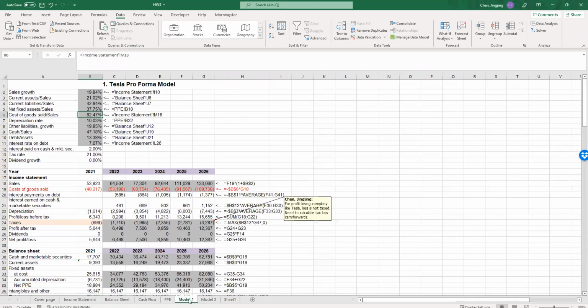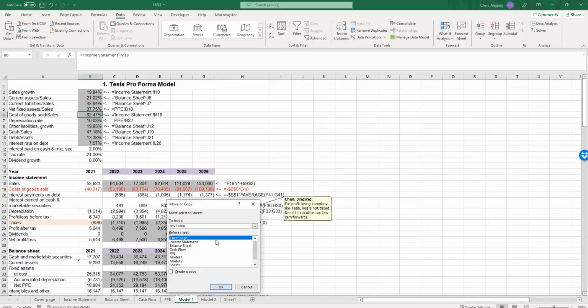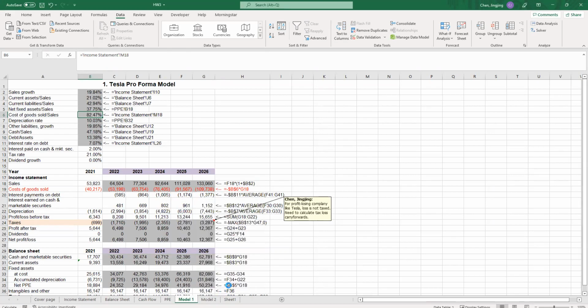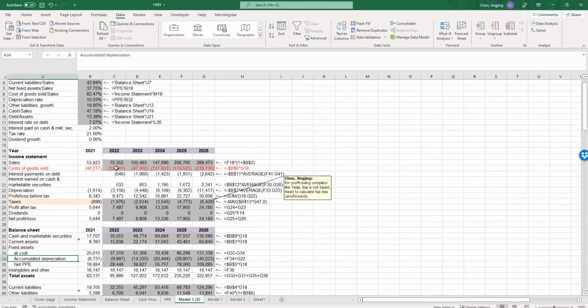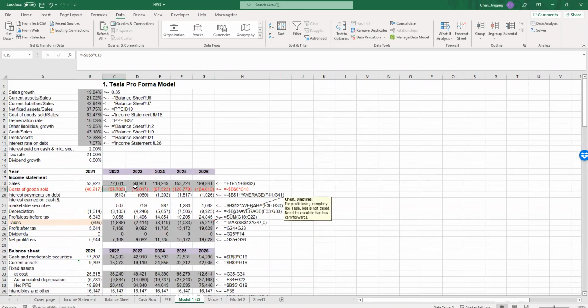So what we can do is make a copy of this. And then we can change the calculation for cost of goods sold. So let me write down the model.